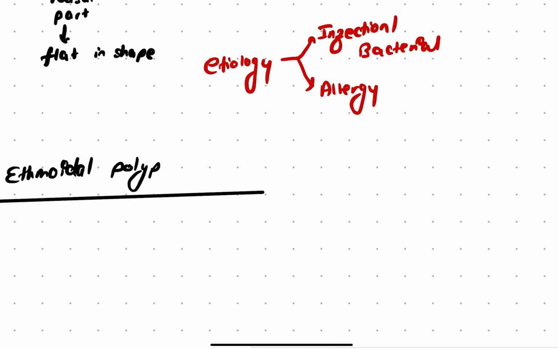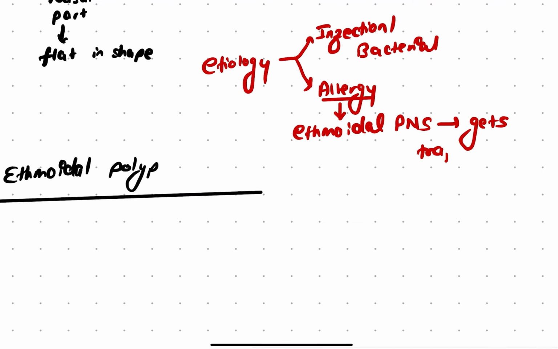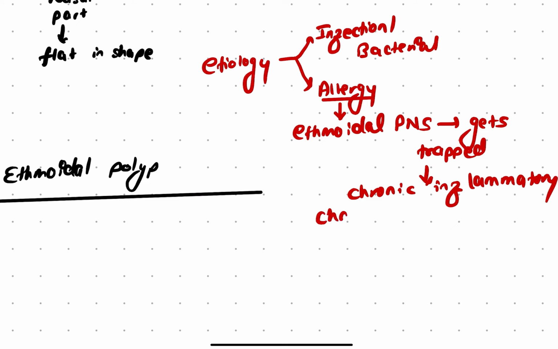That means when allergens enter the ethmoidal paranasal sinus, they get trapped there and undergo chronic inflammatory changes, giving rise to an ethmoidal polyp.